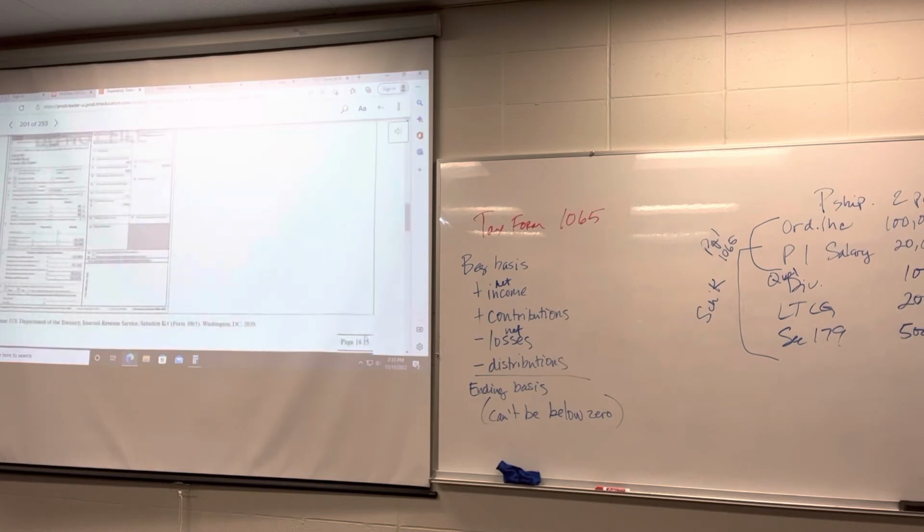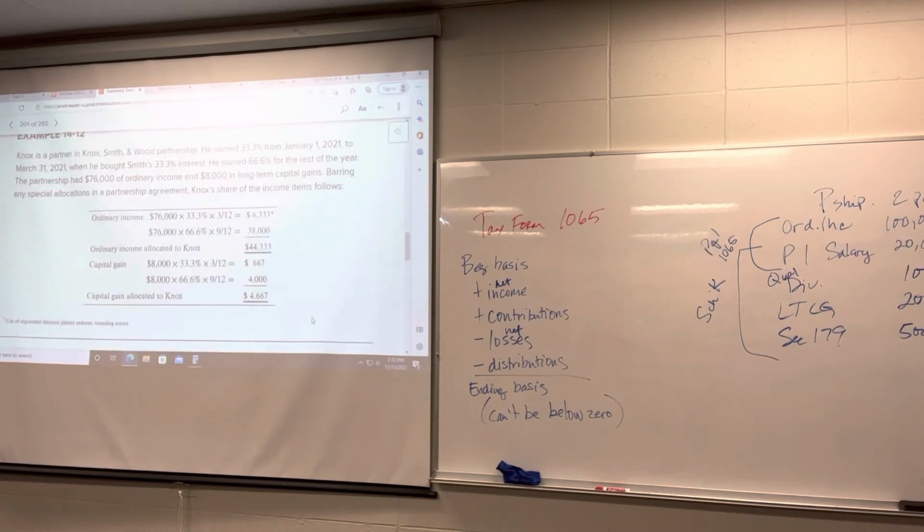So here, this is an example of what happens when the partnership interest changes during the year. So I owned 40% at the beginning of the year, and then in March, I bought out one of my other partners, and now I own 60%. How do I do that?